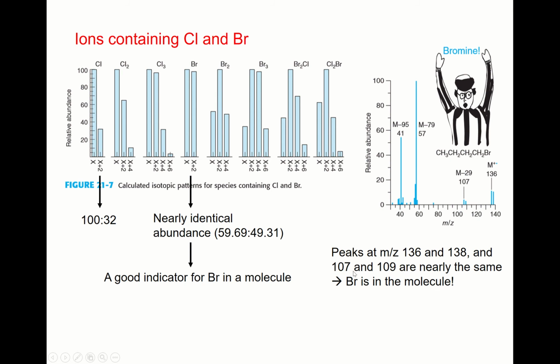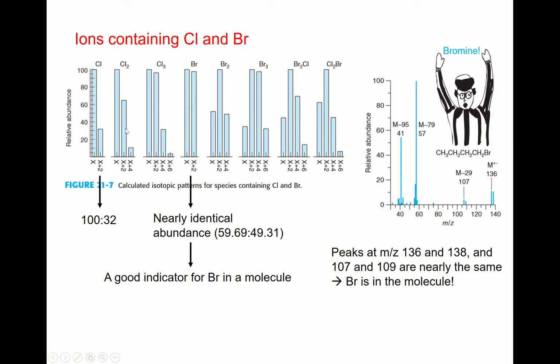Okay, let's look at this figure again. When there is only one chlorine, and chlorine has two main isotopes whose abundance is 100 to 32, we can expect this relative abundance. But what about dichlorine, Cl2?